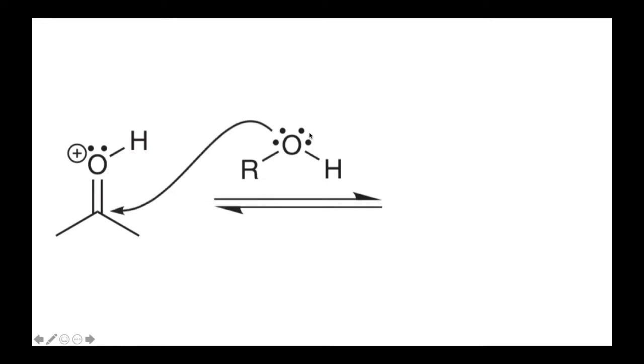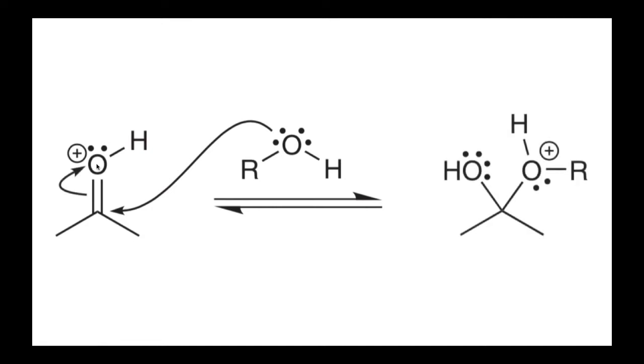So the alcohol, using its lone pairs, will attack our electrophile, and that'll push up the electrons onto the oxygen. You see that? So now we have the electrons on the oxygen. It already had one lone pair, now it has two. And now we got our alcohol moiety to attach.